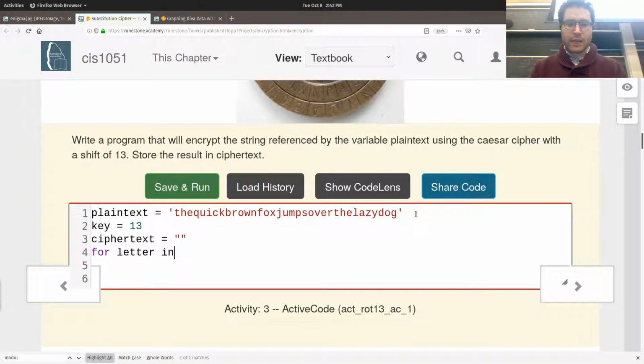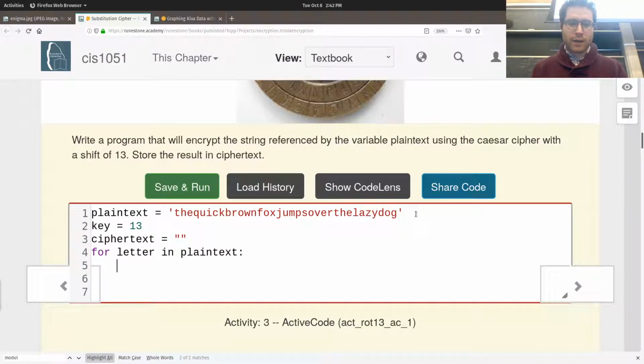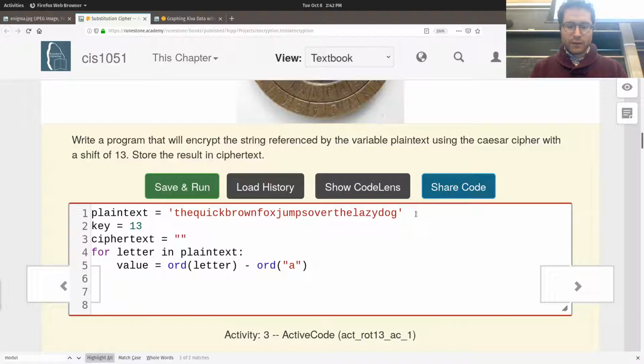For letter in plaintext, the value of the letter is equal to the ord of the letter minus ord of A. The encrypted value, or the cipher value, is what we want: value plus key, mod 26.